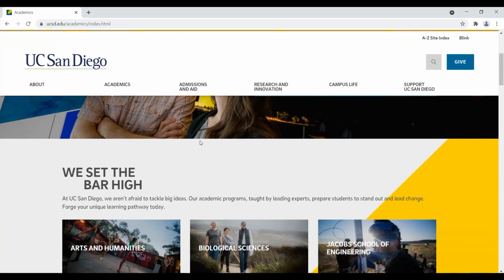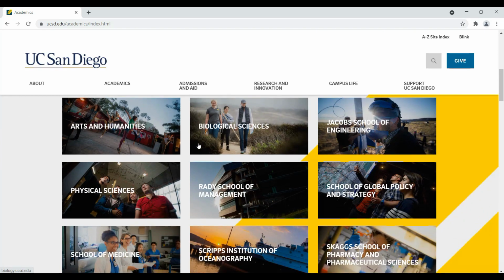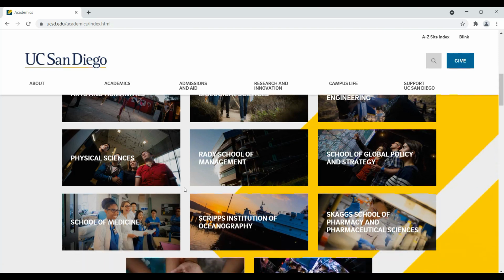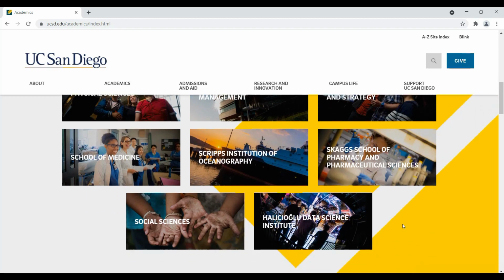In the academic section, we have arts and humanities, biological sciences, Jacobs School of Engineering, physical sciences, Rady School of Management, School of Global Policy and Strategy, School of Medicine, Scripps Institution of Oceanography, Skaggs School of Pharmacy and Pharmaceutical Sciences, social sciences, and one more I don't know how to pronounce. It's kind of interesting, but I don't know about it.